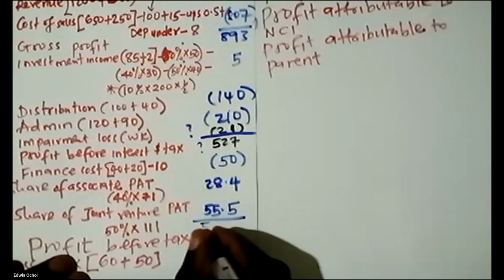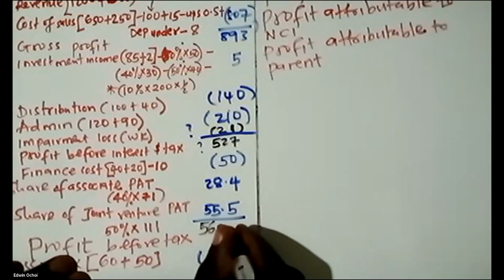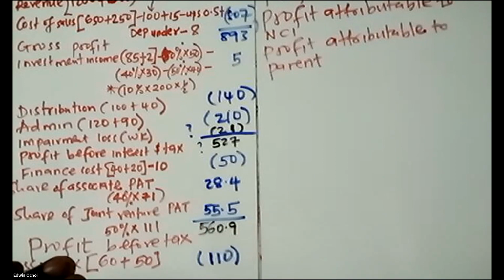That gives 560.9. So this is 560 minus 110.